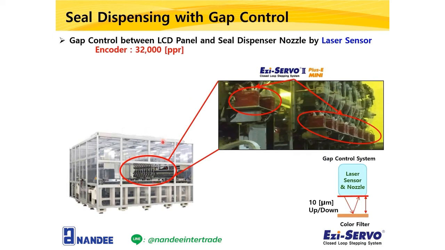I explained earlier that the glue must be applied to the color filter regularly. In this case, it is necessary to use a laser sensor to control the gap between the color filter and the dispenser to be constant. This machine shown in the picture is the machine that controls the gap between the nozzle and the color filter through a laser sensor.